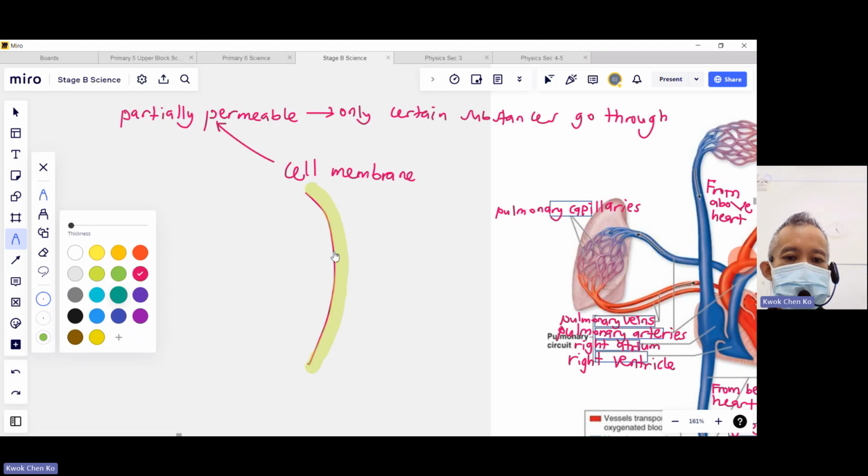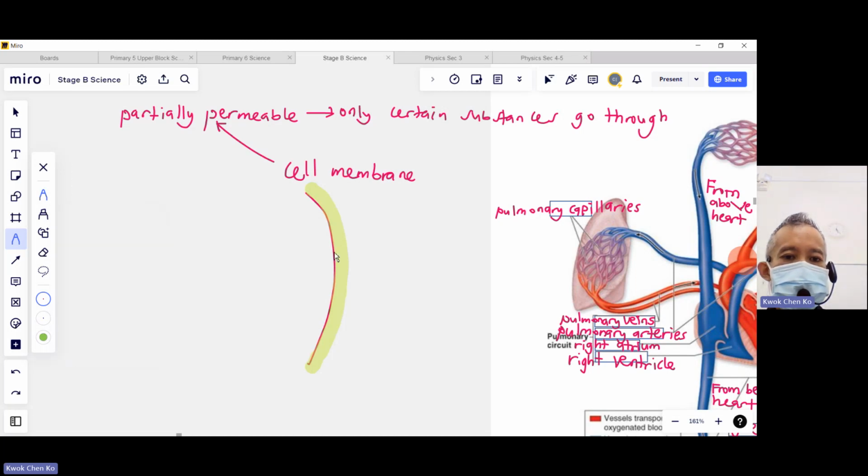But what I want to emphasize is this: the cell wall is fully permeable. Okay, cell wall is considered fully permeable.